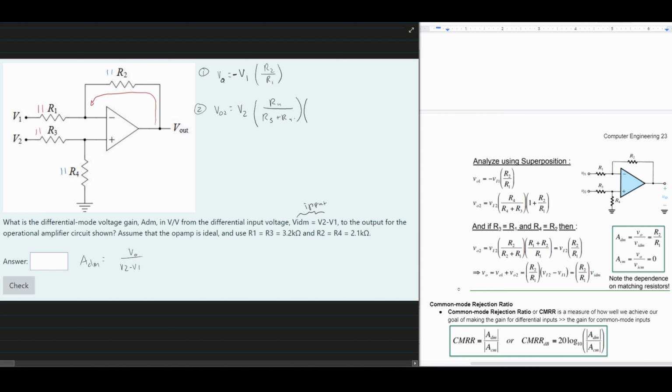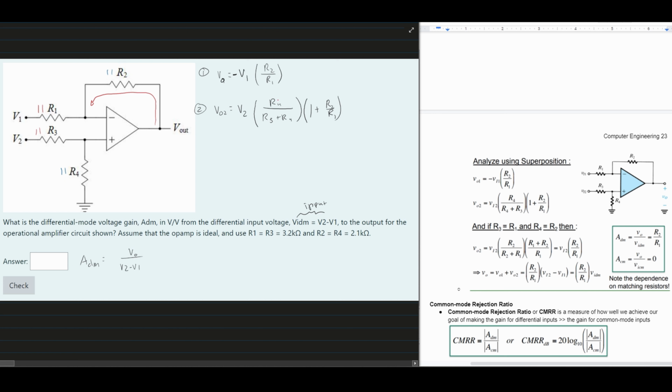That would probably be a cleaner way to write it. Now, because of our superposition, we're going to have 1 plus our R2 over R1.